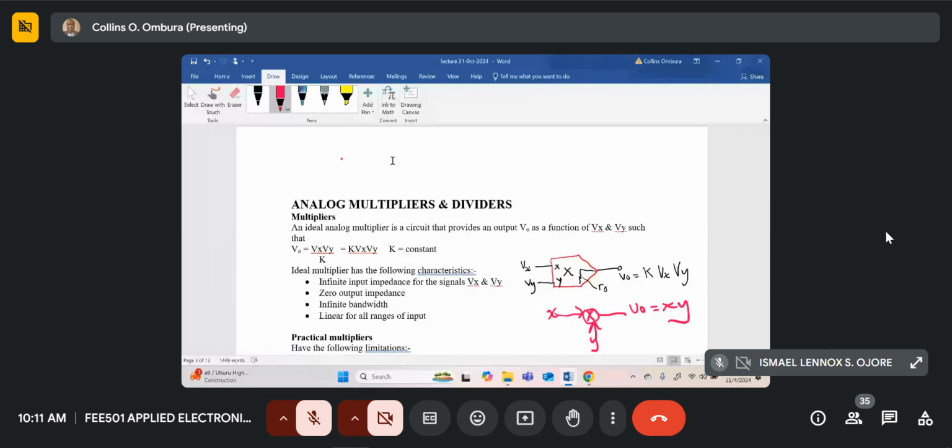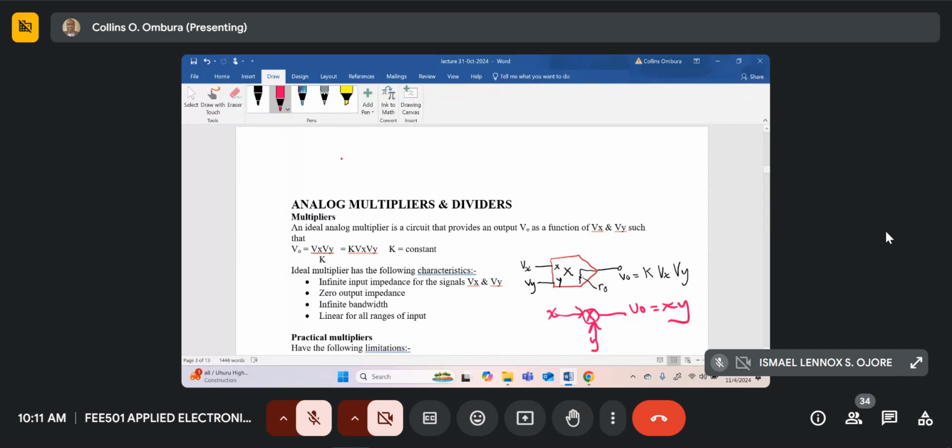We said the symbol that we normally give is this one here. It's like a square with a triangle on top, and it's normally marked small x, small y, where we put the signal Vx to one input, signal Vy to the other input, and the output V0. Now, all these signals are referenced with respect to the Earth.